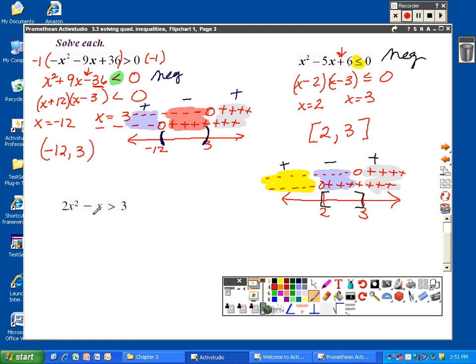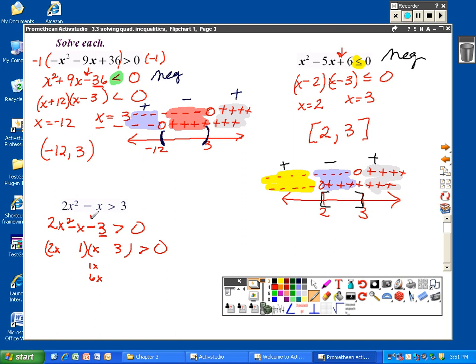2x squared minus x is greater than 3. We always want it to be 0, so we go 2x squared minus x minus 3 is greater than 0. And now we want to factor 2x and x, factors of 3, 1 and 3, 1x, 6x.